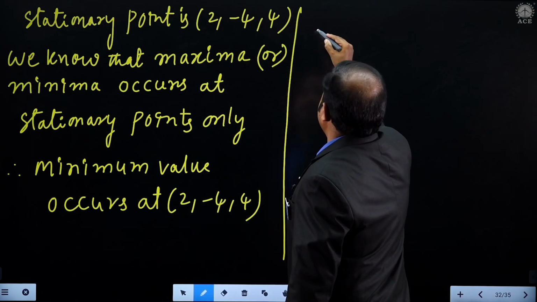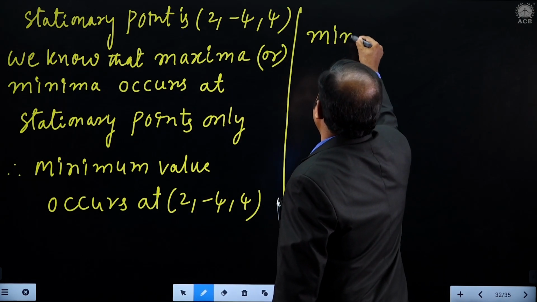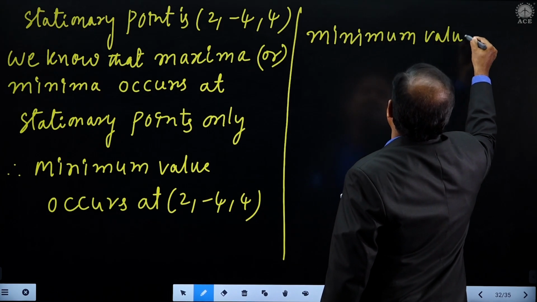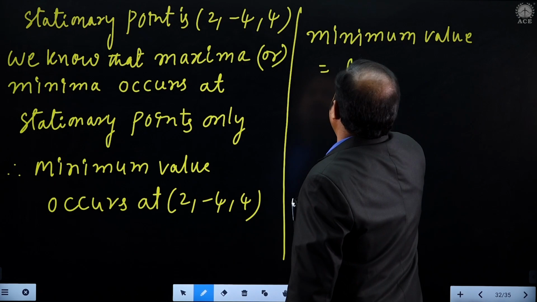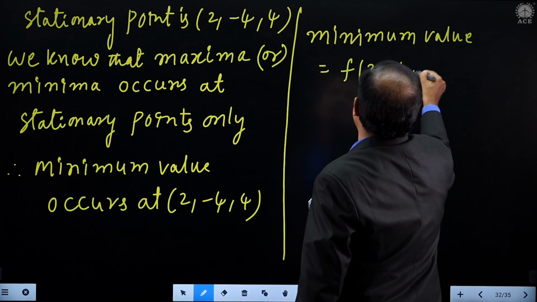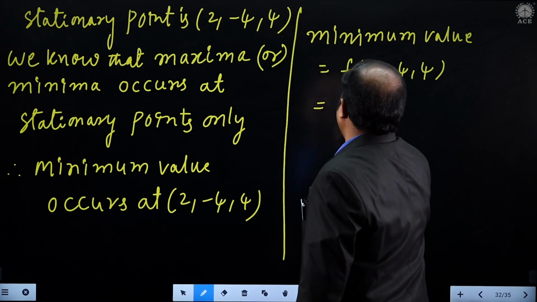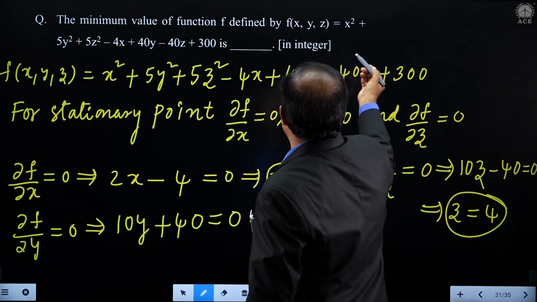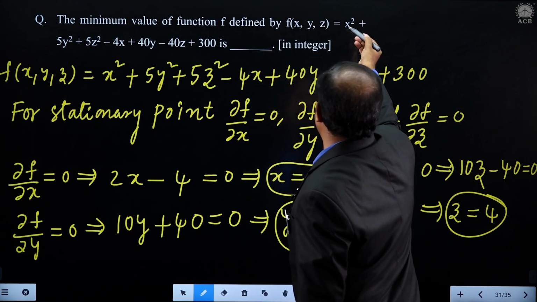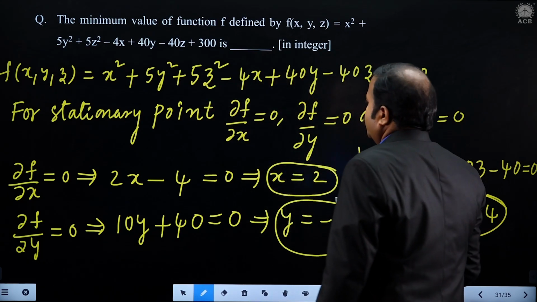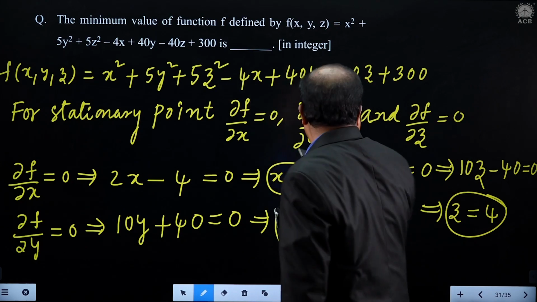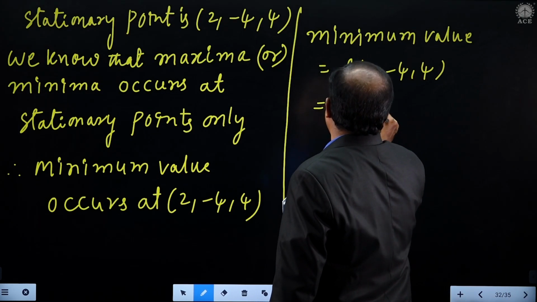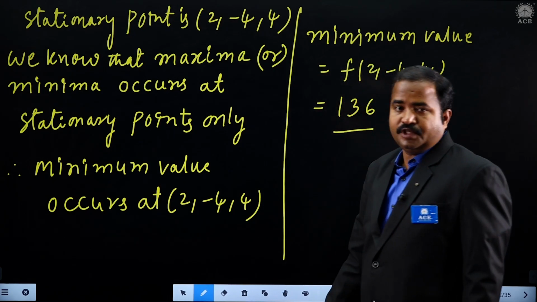So the minimum value equals f(2, -4, 4). That is, in this function substitute the x value 2, y value minus 4, z value 4. By simplifying this, 136 is the answer.